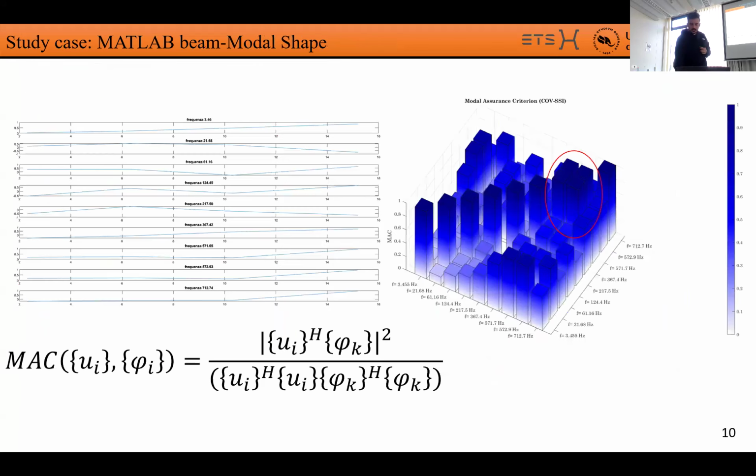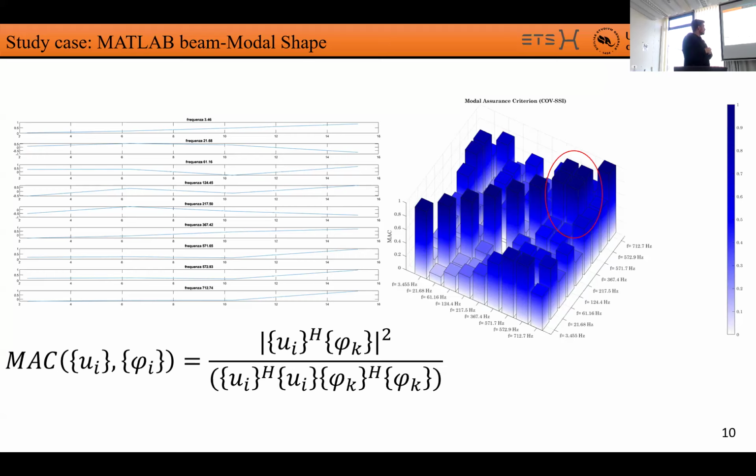Later, I tried to find a method to discriminate between two close modes. The first thing that I used is the MAC, the modal assurance criterion. It's an index that goes from 0 to 1: 0 when we have two orthogonal mode shapes, 1 when we have basically the same shape.